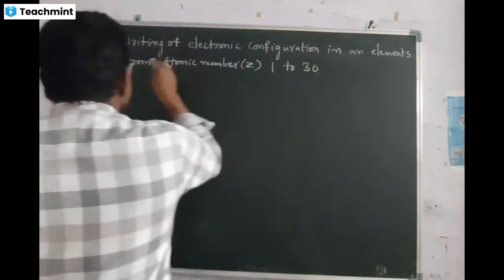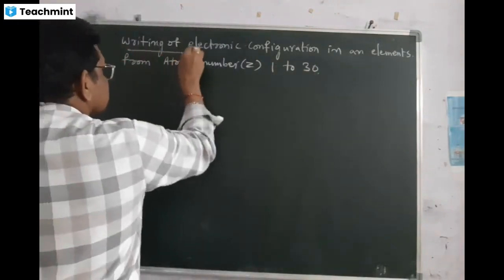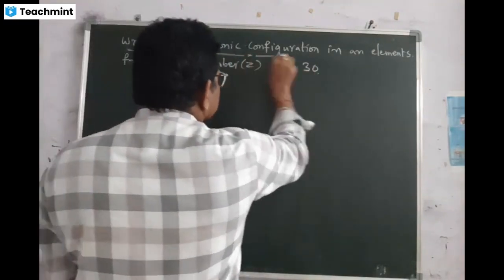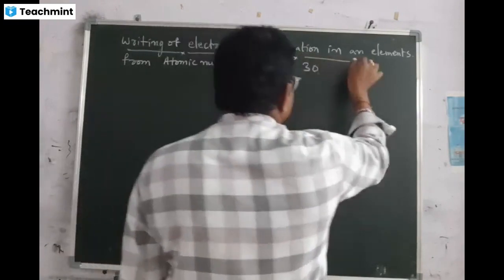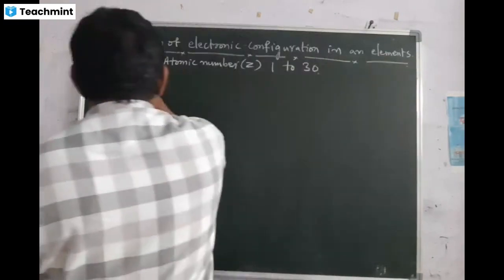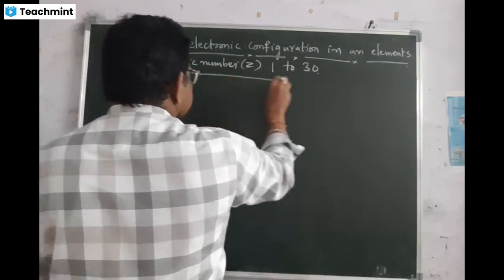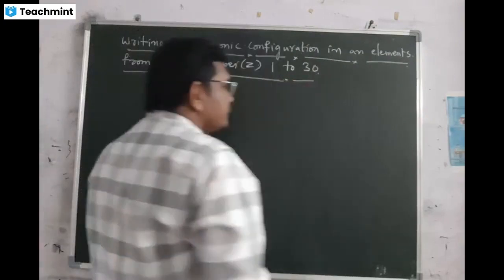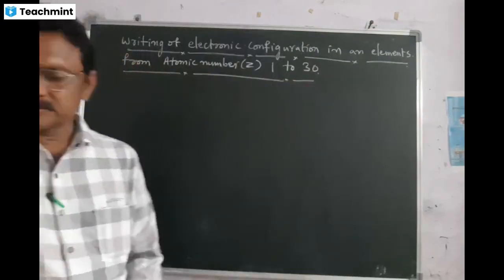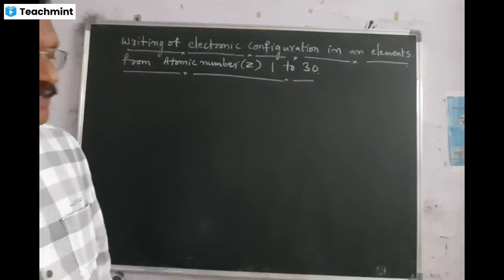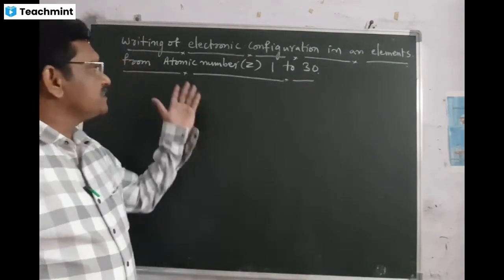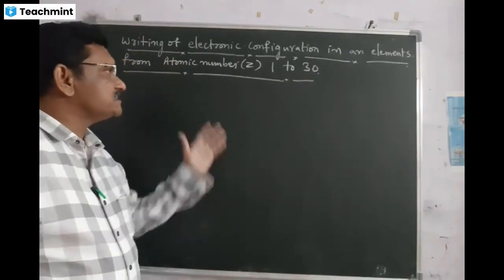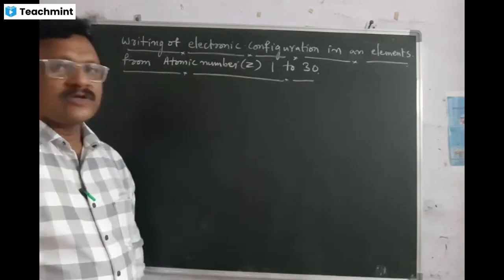So this is our today's topic. In order to understand writing the electronic configuration in different elements, the range lies from atomic number 1 to 30.